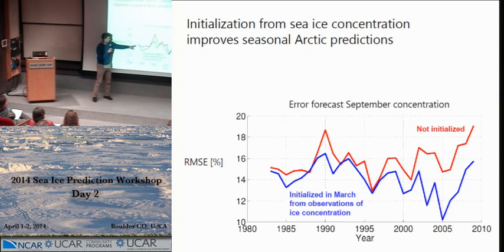And the blue curve is the error for the initialized run. So when we assimilate concentration and let the model evolve for 6 months from March to September, you can see that systematically we have an improvement. Just from the information of ice concentration, we have an improvement in the simulation of September, just because of this mechanism of ice concentration, ice thickness. So I think this is promising.